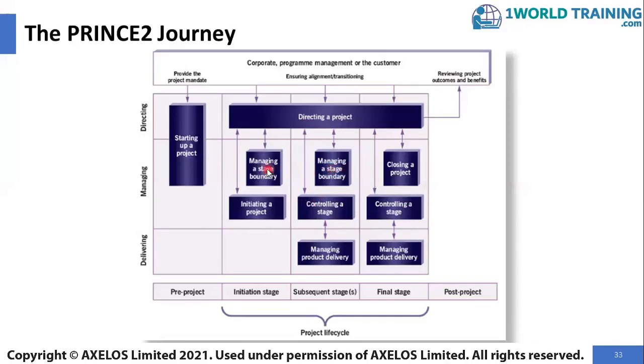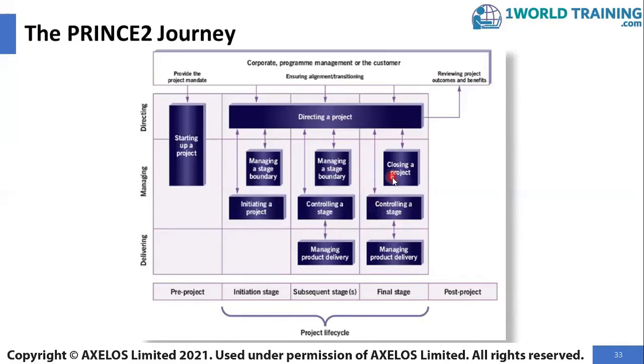Just like before in the initiation stage, the managing a stage boundary process works in the delivery stages also in a similar manner, where information is provided by the PM to the project board regarding the status of the stage, the plan for the next stage, the status of the project plan performance, the business case performance, based on which the project board will use the directing a project process to authorize the next stage, in this case, the final stage. The development, assignment of products happen in the final stage as well if there are any products to be developed, and eventually the project is closed.